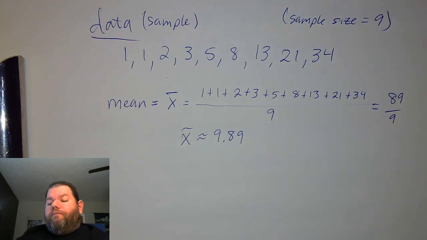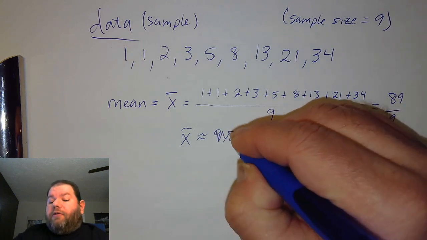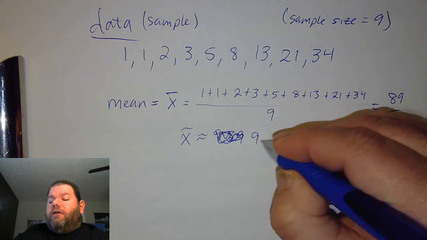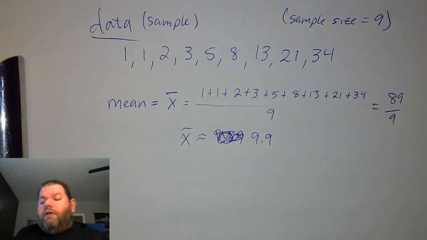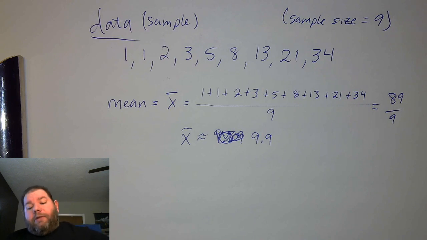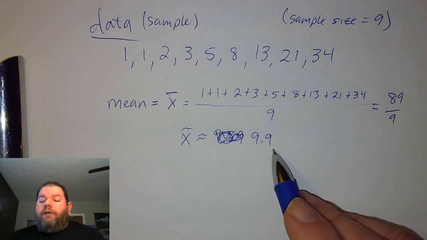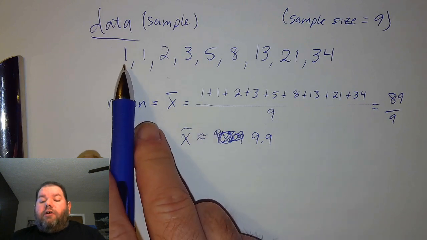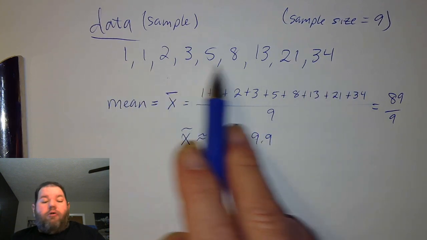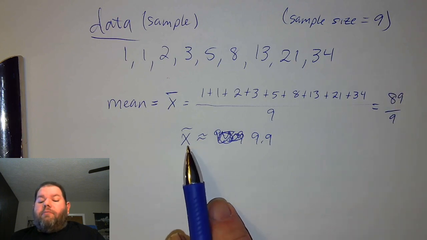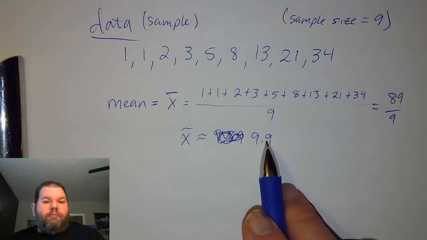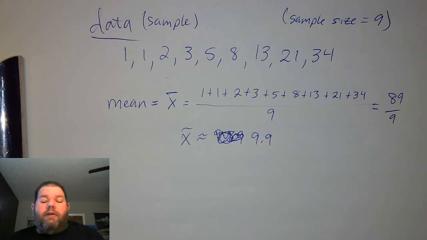So in this case, because we're working with whole numbers, we probably should round to the nearest tenth. So it might be better to say 9.9 in this case. It's 8 repeating, but whenever we round, the general rule that we like to use is we go one place beyond where our numbers exist. Our numbers here are whole numbers, so when we talk about the mean, we'll go to one decimal place beyond that, which is the first decimal place.